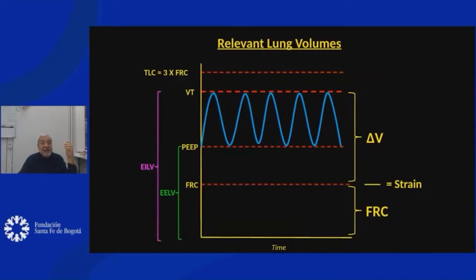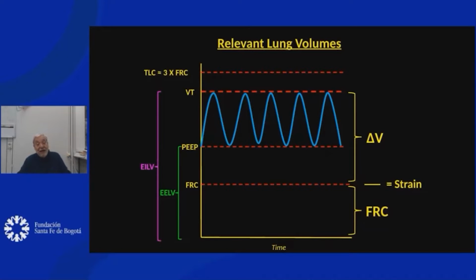Then we have the physical limits of the lung, which is the total lung capacity, in which the lung is fully distended, all the extracellular matrix is stretched, and the change in volume divided by the FRC is called the strain.